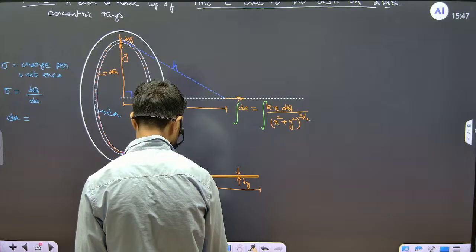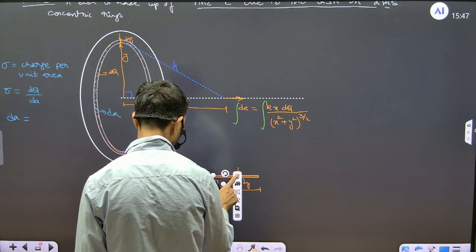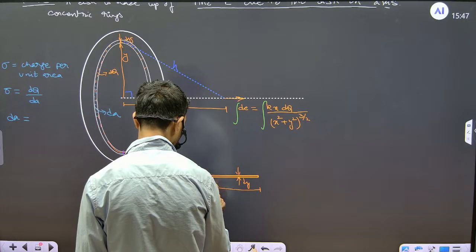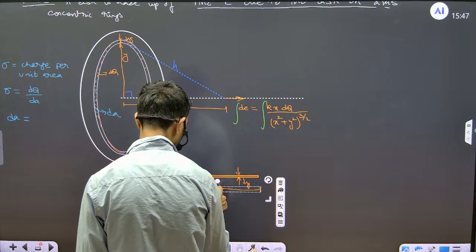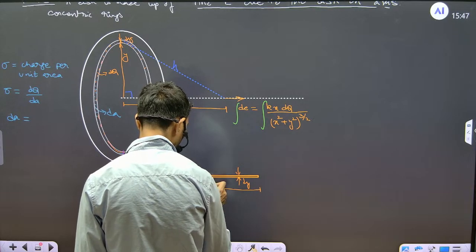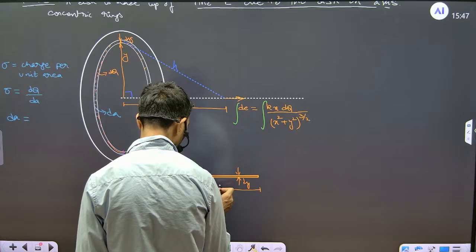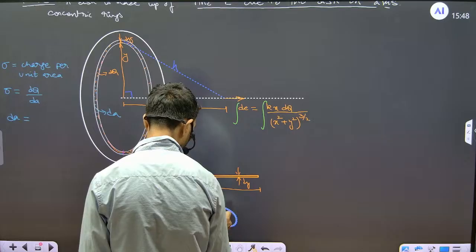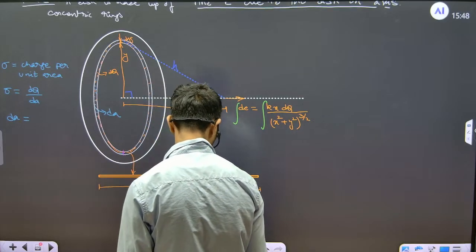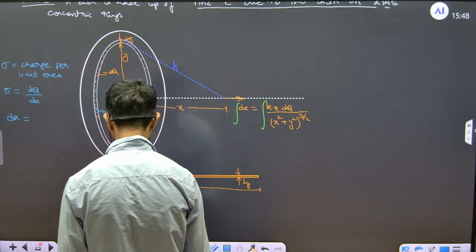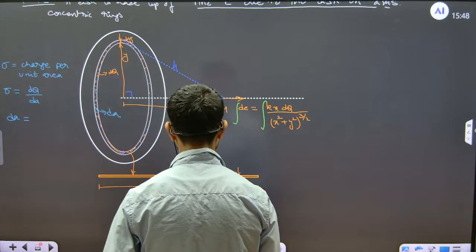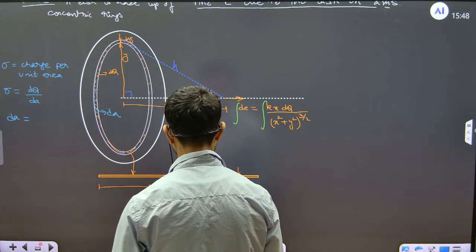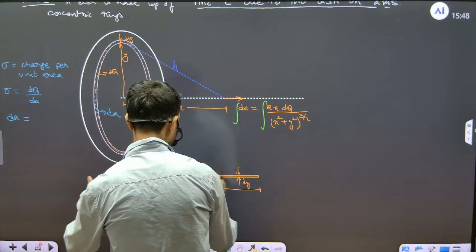Now you can write dA easily. You can write the area easily. So this 2 pi y is the length and dy is the thickness.